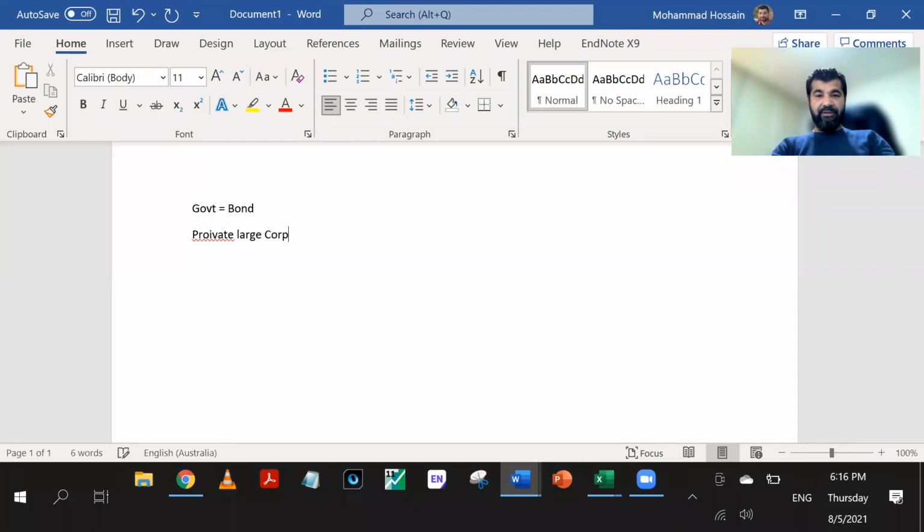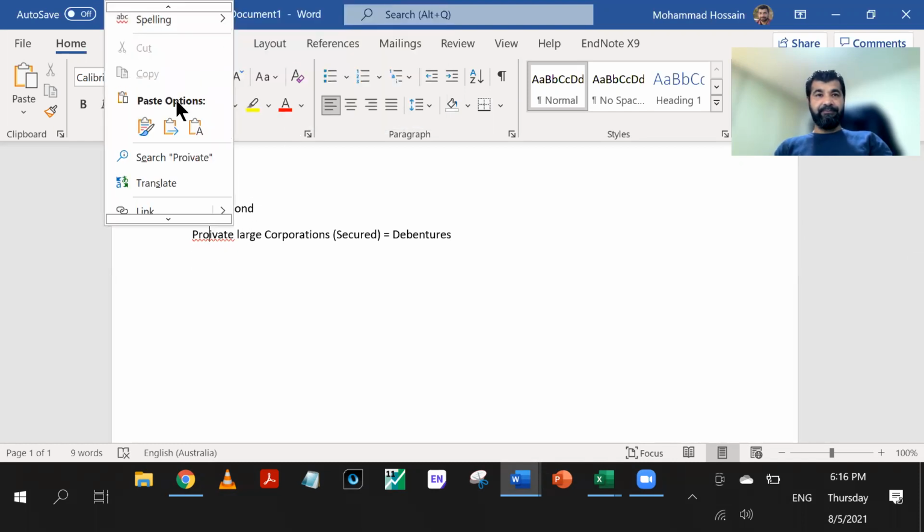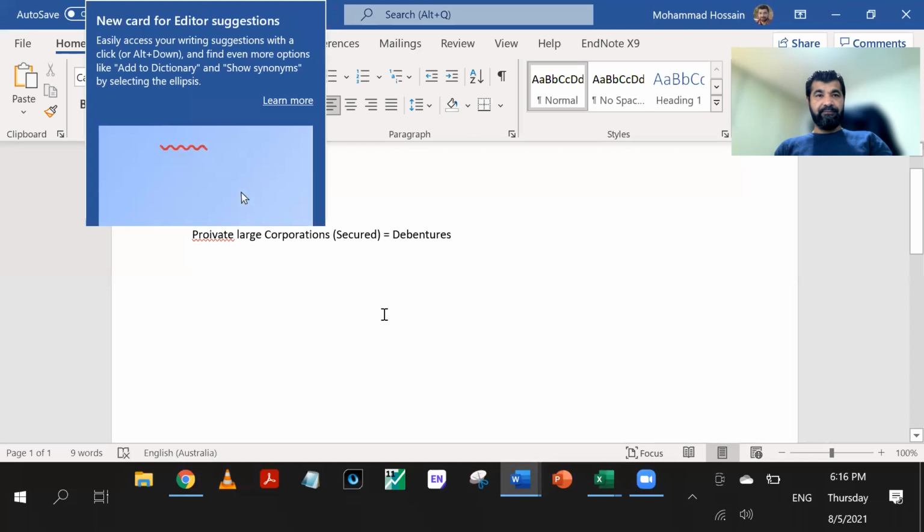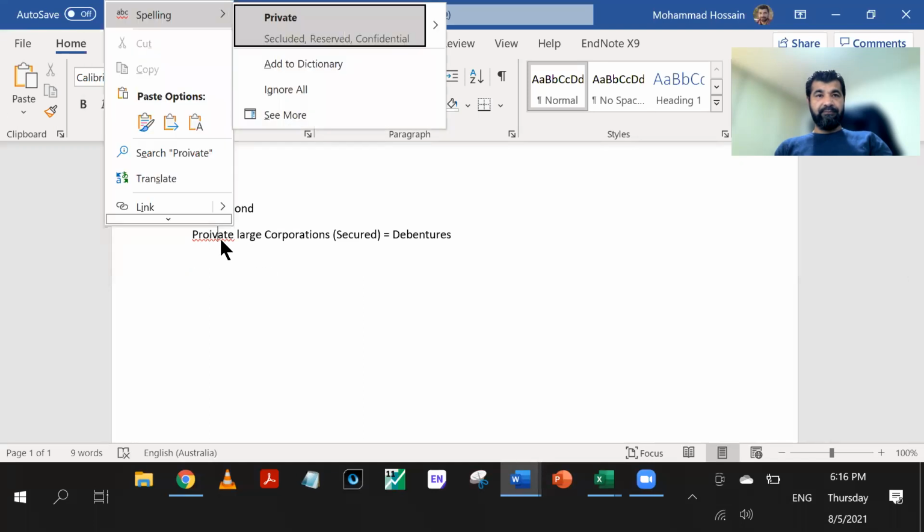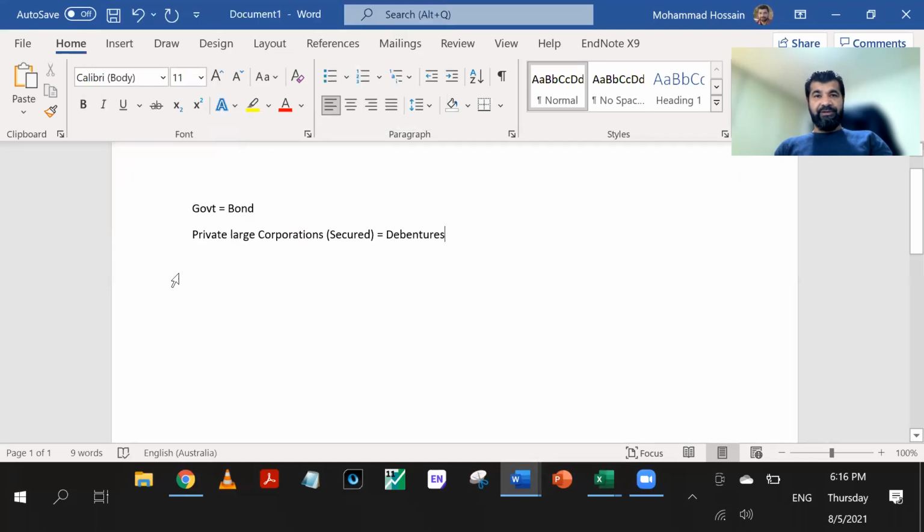Large corporations also issue bonds. If it is secured, they call it debentures, okay? Debentures.